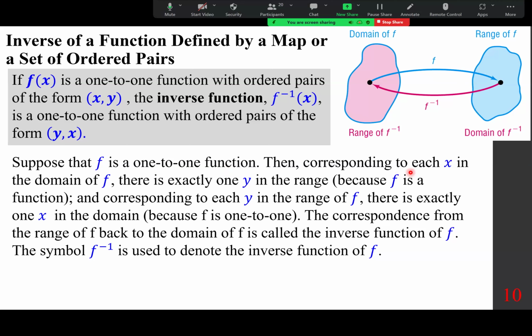So suppose that f is a one-to-one function. Then corresponding to each x in the domain of f, there's exactly one y in the range, because f is a function. And corresponding to each y in the range of f, there is exactly one x in the domain, because f is one-to-one. So we really should pay attention to the reason as to why this is the case.